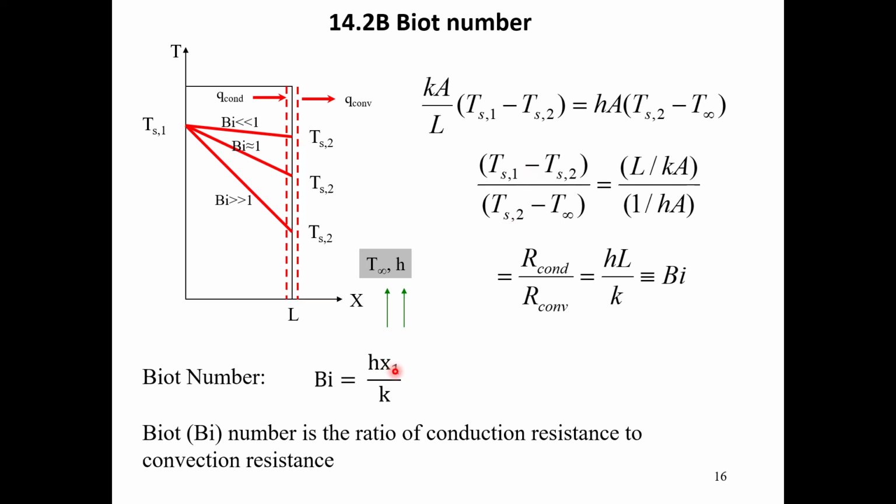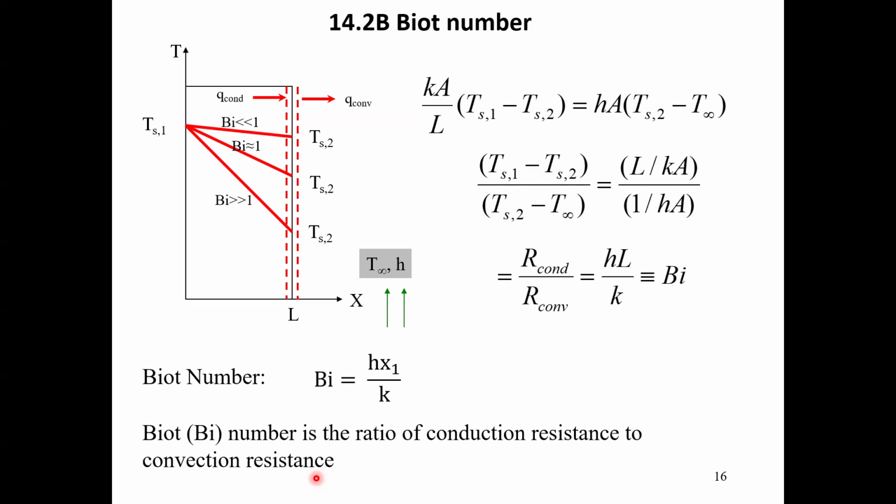What you would want to know is that the Biot number provides the ratio of conduction resistance to convection resistance, and looking at it, I would know whether conduction or convection is controlling the heat transfer in that particular scenario. That's the significance of the Biot number.